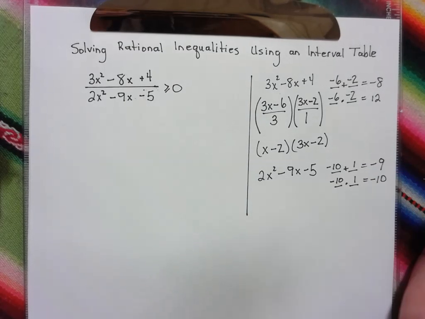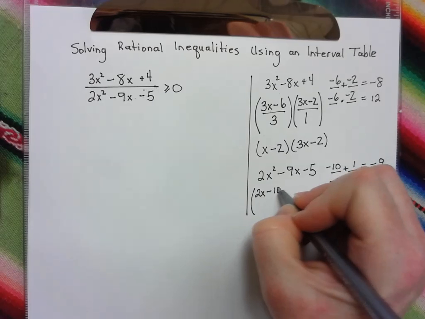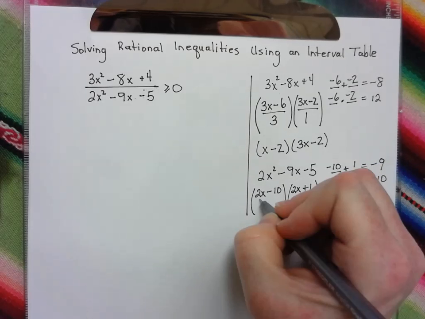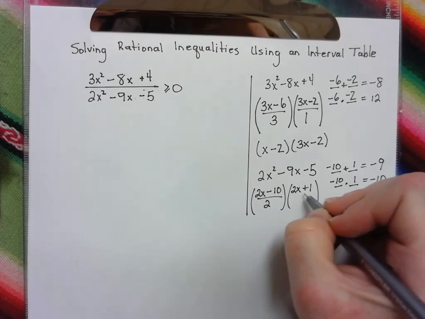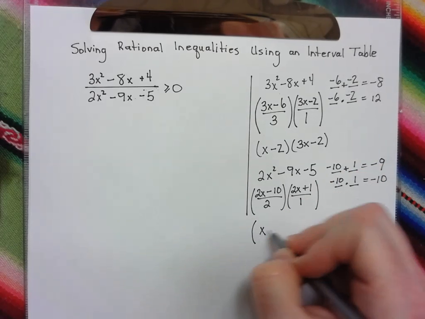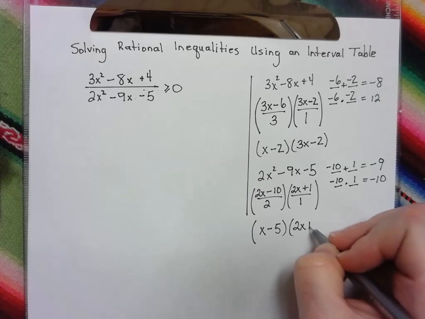So again, I pull down the 2x, I have my -10. I pull down the 2x, I have my +1, and I divide by the biggest number that divides evenly into both. And when I do the division, I end up with x subtract 5 and 2x plus 1.